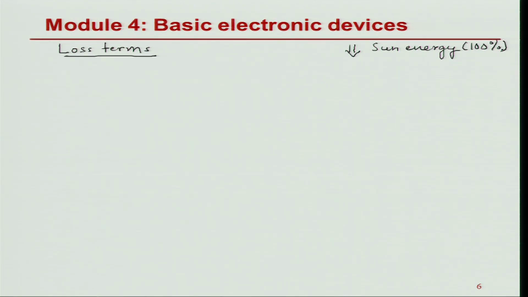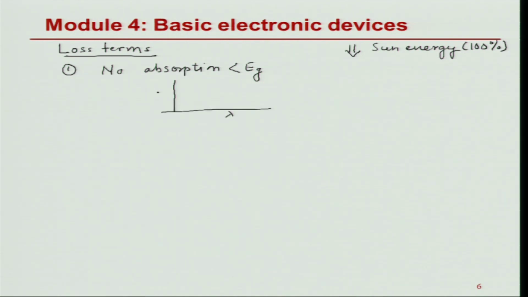Now the first loss comes from the fact that there is no absorption below the band gap if I am using a semiconductor. What does that mean? It means that if I have the sun spectrum given in this manner, and the band gap of the semiconductor with which I have made the PN junction, let me take silicon as an example to give you some numbers.